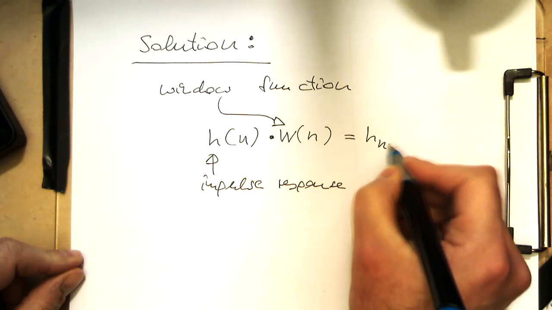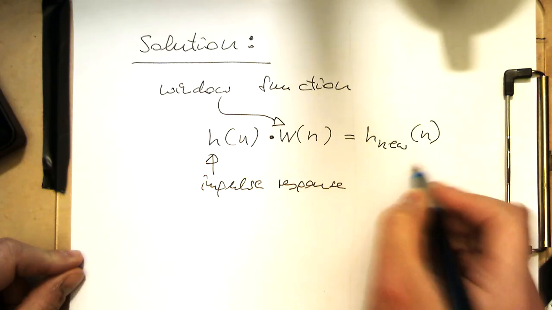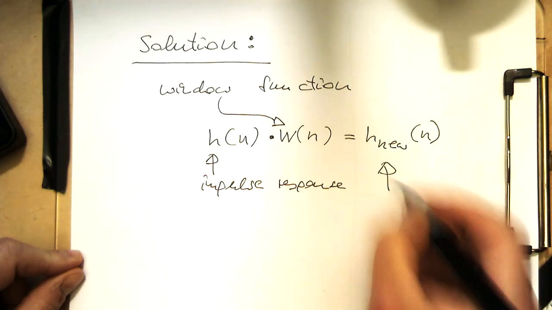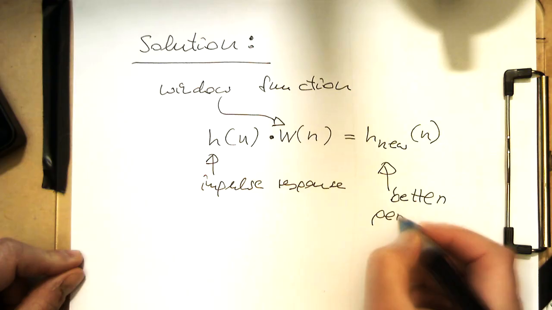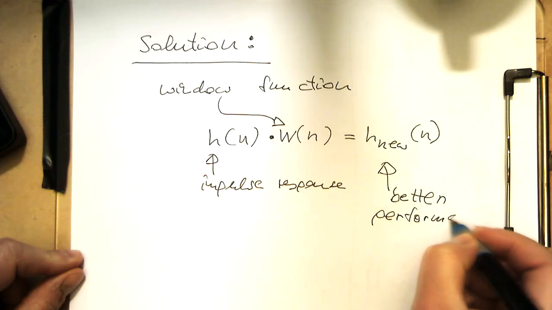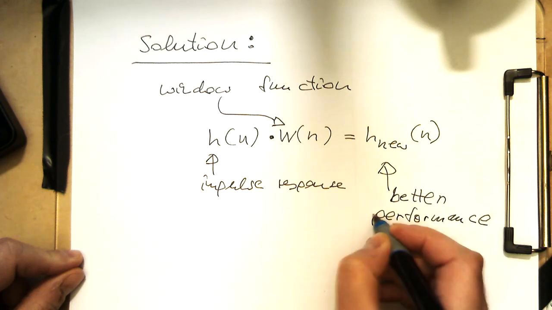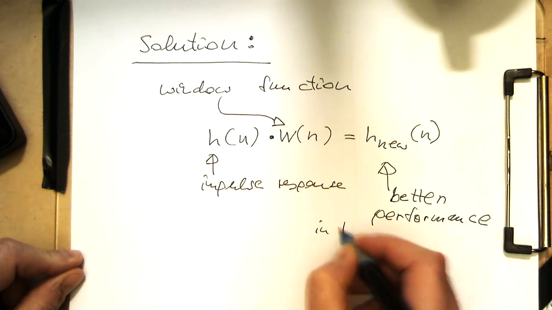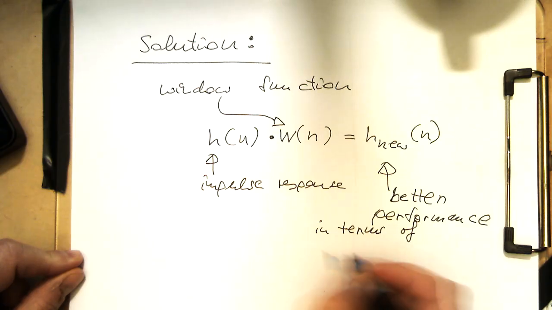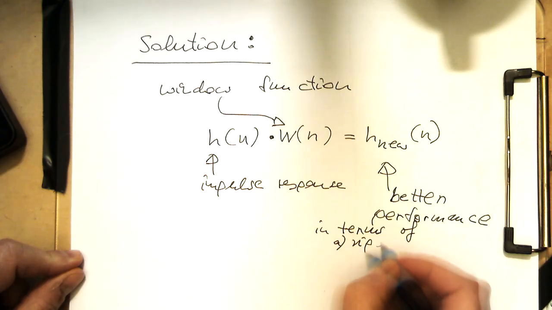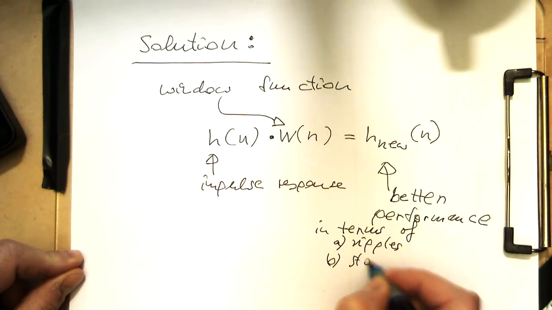Let's call this h new. And then this has hopefully better performance in terms of ripples and stop band rejection.